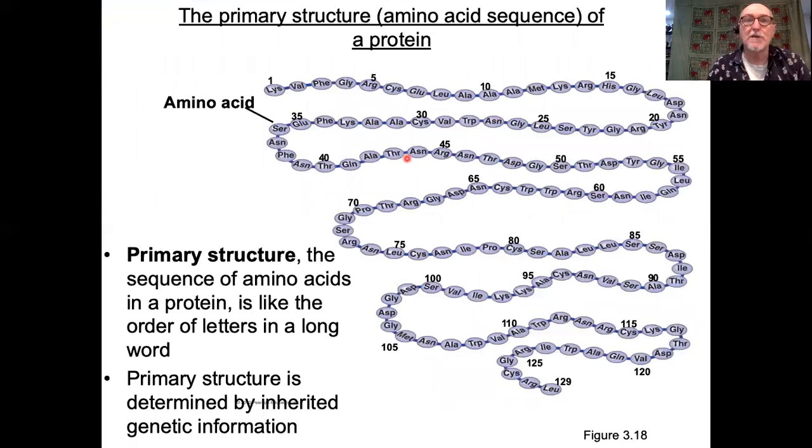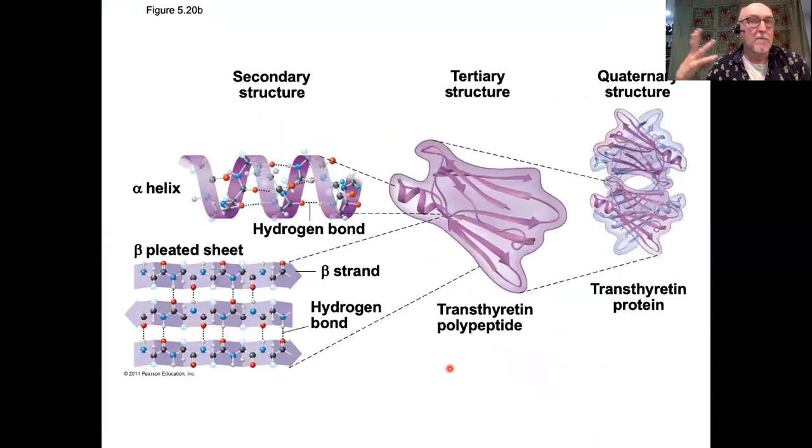Okay, here's the primary structure. This linear sequence of amino acids is determined by the gene. The other elements of structure are determined by interaction between groups. Secondary structure comes from interactions between quite closely linked groups, which lie close to one another and pull the primary strand into either alpha helices or beta pleated sheets like this.